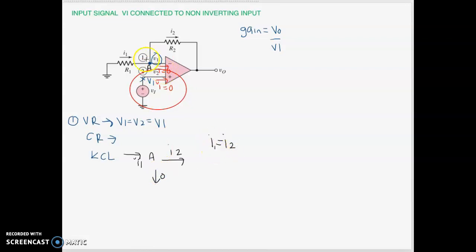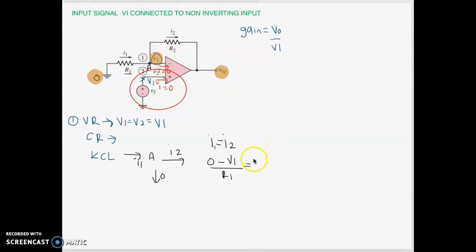What is I1? Apply Ohm's law. Here is 0, here is V1. So 0 minus V1 divided by R1 equals I2. I2 means V1 and V0, right?